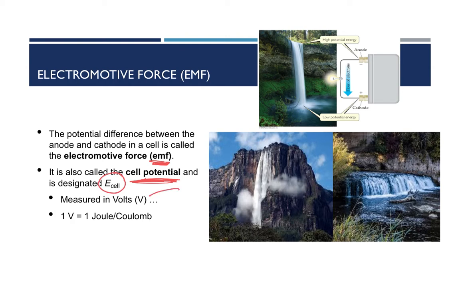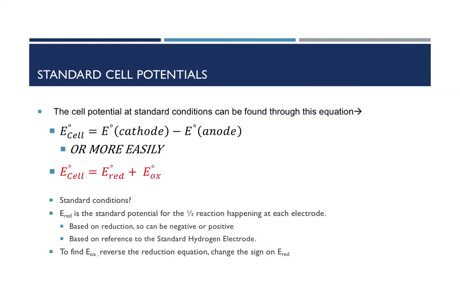We measure it in the electrical unit of volts, and a volt is simply a joule of energy per coulomb of charge. If we want to know how much work a particular battery is capable of doing because the electrons are being transferred through it, we can use what are called standard cell potentials, or sometimes standard reduction potentials.